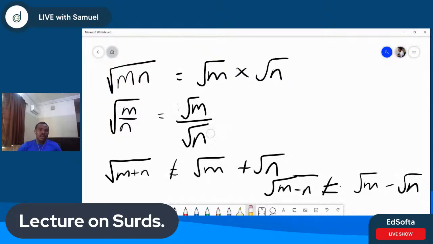Because that is not in the laws of surds. These are the laws of surds, so we have to follow these laws while we are solving and going through our operations and equations. Okay, let's move on.